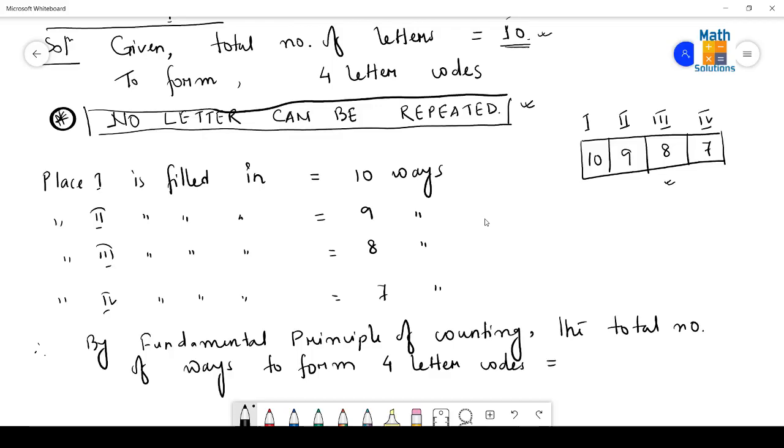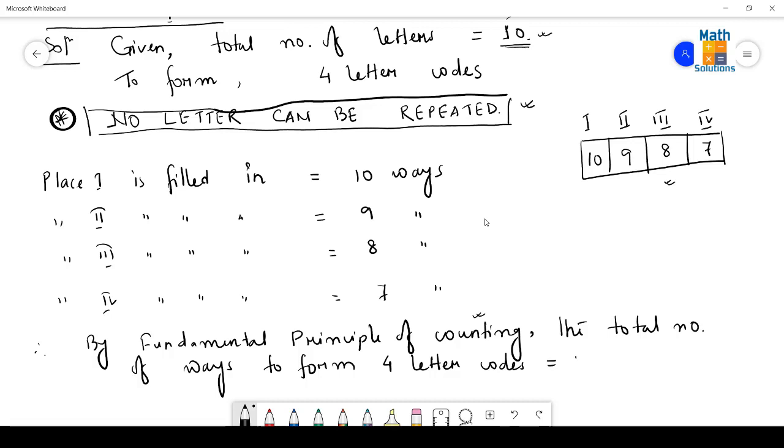Now, fundamental principle of counting. Which part do we have to use here? Of course multiplication, because none of these places we can ignore. This first place and second place and third place and fourth place. Here it refers to the fundamental principle of multiplication.